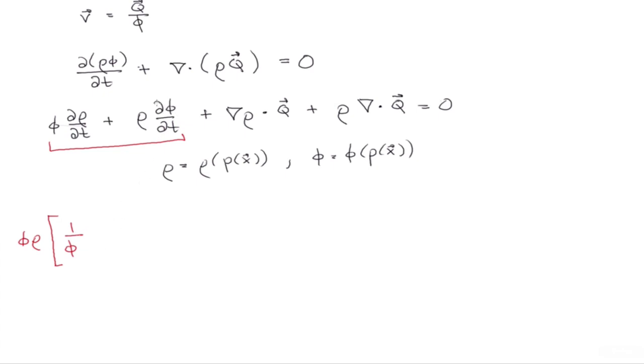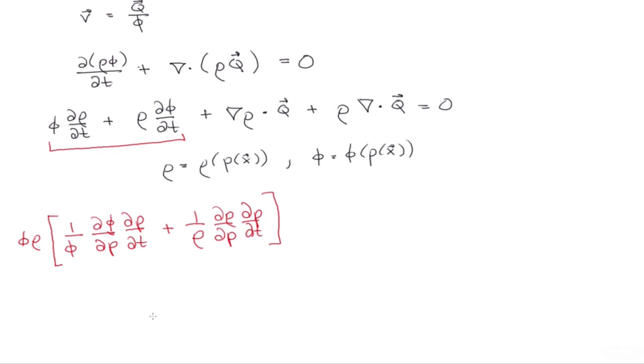So I have 1 over phi partial phi partial p, partial p partial t, just via the chain rule, plus 1 over rho partial rho partial p, dp dt. This is phi here, sorry.